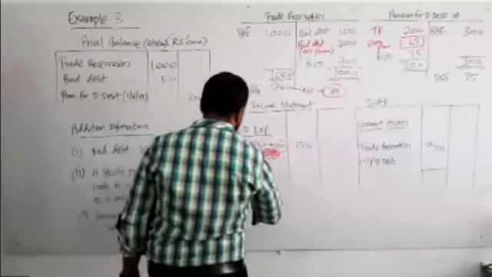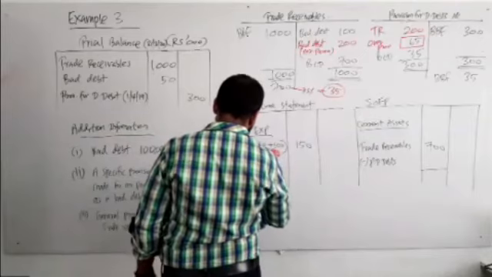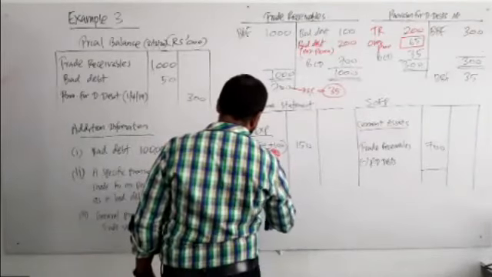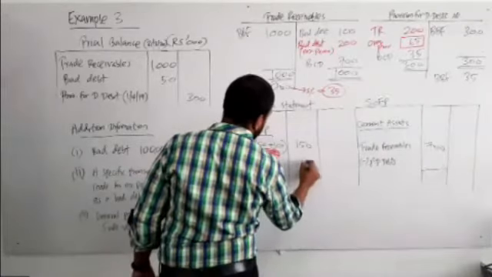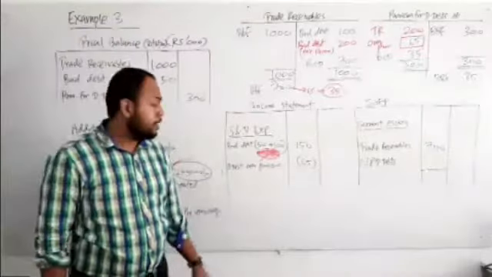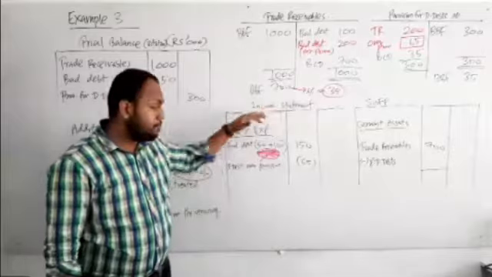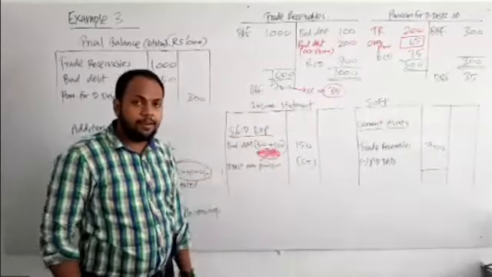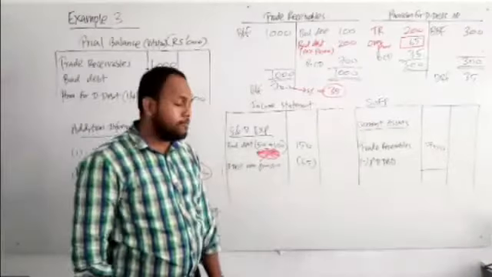So we can take it here: doubtful debt over provision 65 as minus, deducted from the selling and distribution, or else under other income you can add it as an income, over provision 65.